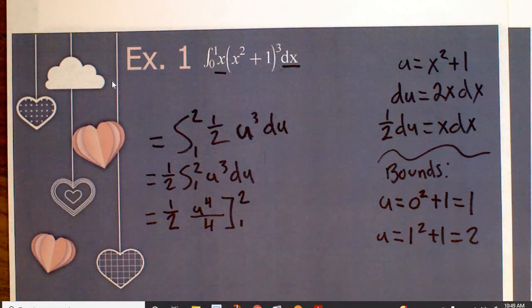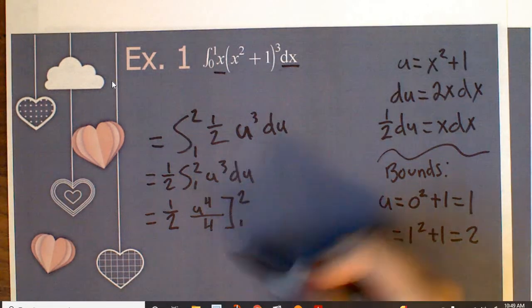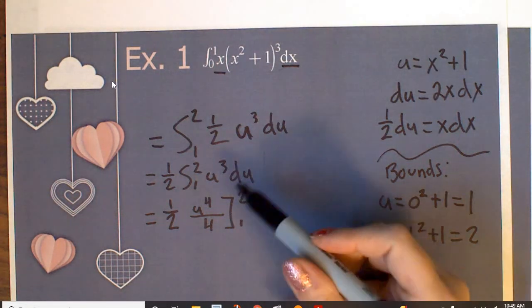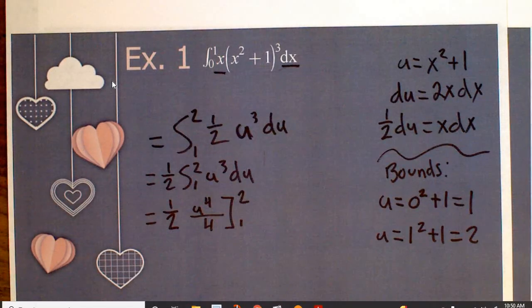What's nice about our definite integral is that because we're actually plugging in numbers this time, and we changed our numbers, we don't have to worry about plugging our x's back in. We're just going to integrate as we normally would, but with our u's.